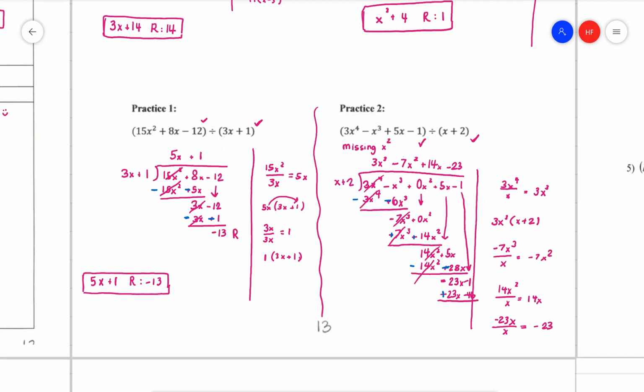Change both of those signs, so plus, plus. These cancel. Negative 1 plus 46 is 45. There's nothing left for me to drop, so this is my remainder. So my answer is 3x cubed minus 7x squared plus 14x minus 23 with a remainder of 45.